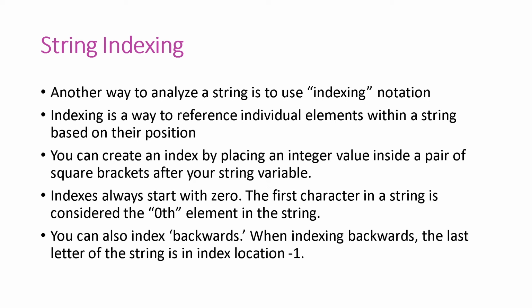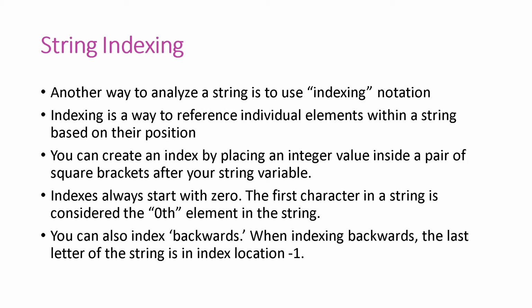So the first character in a string is known as the 0th element. But you can also index backwards: when indexing backwards, the last letter of the string is in index location -1.